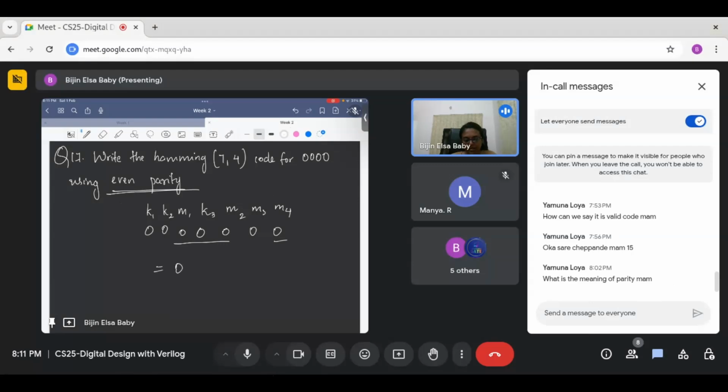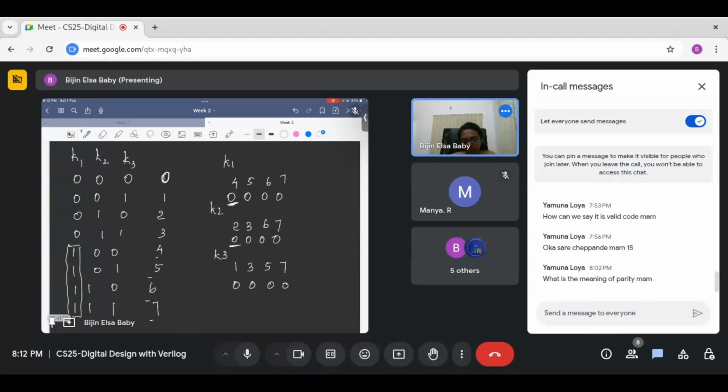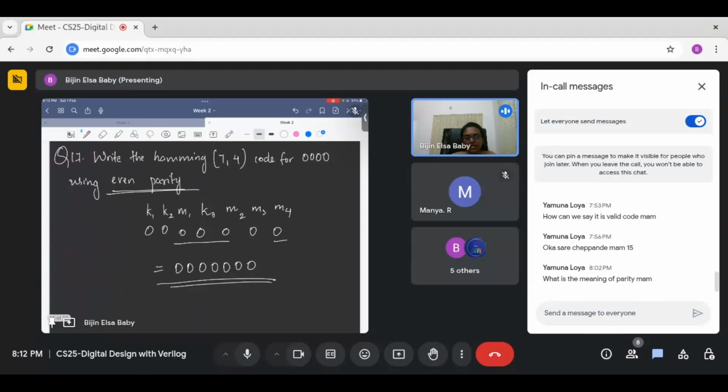So the answer will be 0, 0, 0, 0, 0, 0, 0. This is the Hamming code representation.